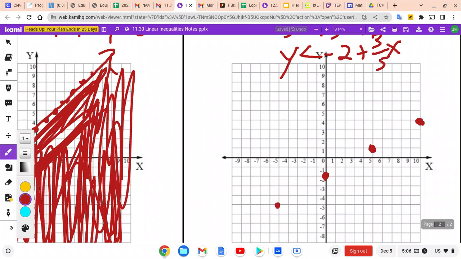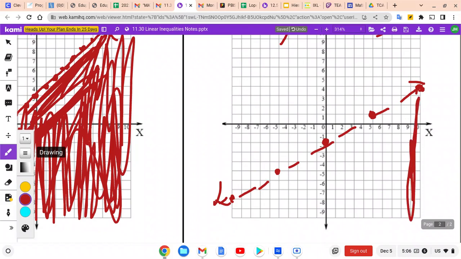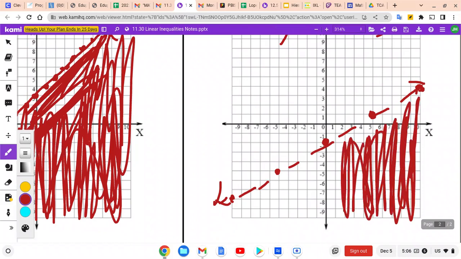And you know you did it wrong if it doesn't make a straight line. Now, it's not equal to, so you have to do the dash. And it's less than, so you shade down here where it says less than. Okay?